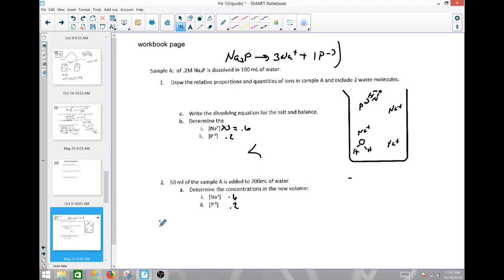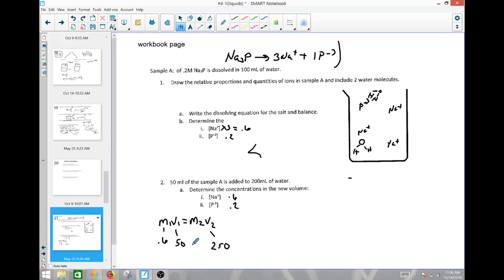So the short way is, all we're doing is adding solvent. So it's a dilution. M1V1 equals M2V2. M1 is 0.6. Keep in mind where I got that. V1, it's only taking 50 milliliters of the sample. And it's going to add 200 milliliters of water, so my total volume is 250.